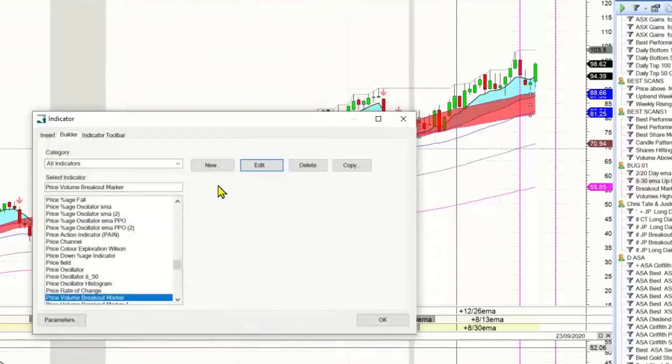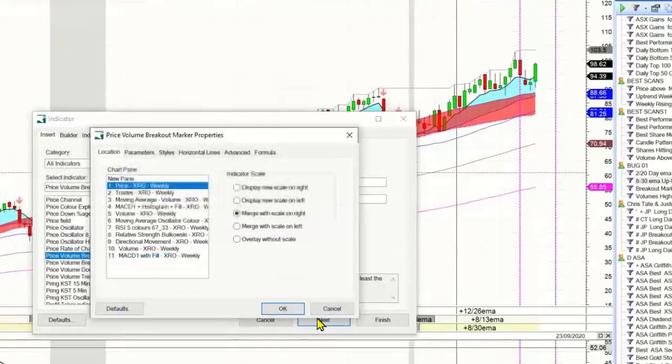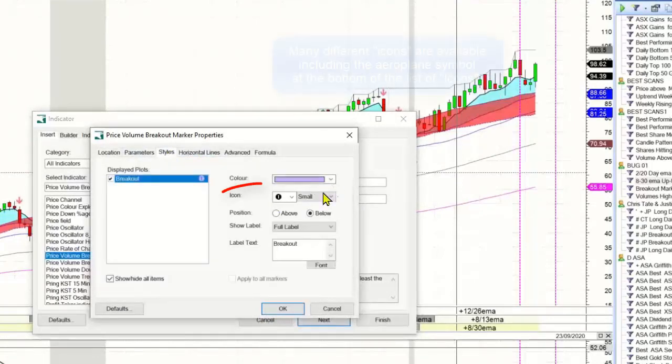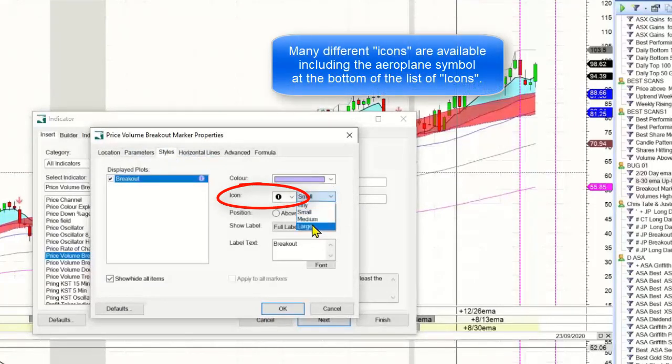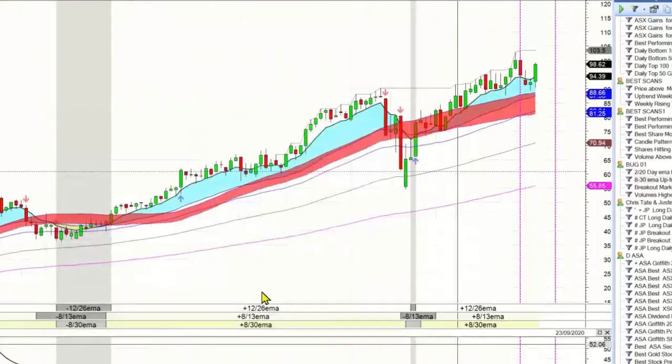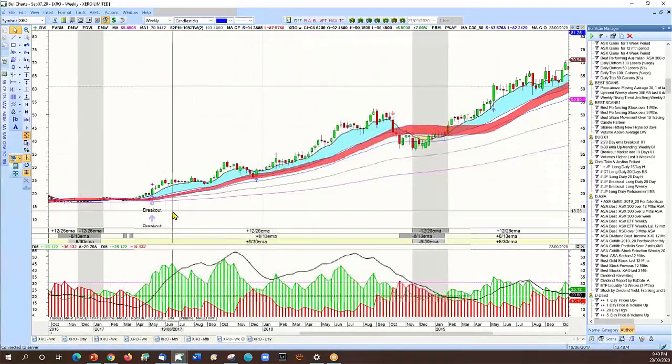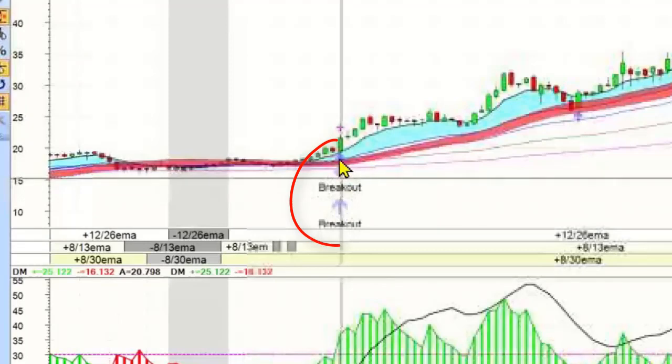In that case, next, and parameters, style. I'll make it really large. I'll make it an arrow. So nothing there. Here's a breakout, right? Here's a breakout down here.